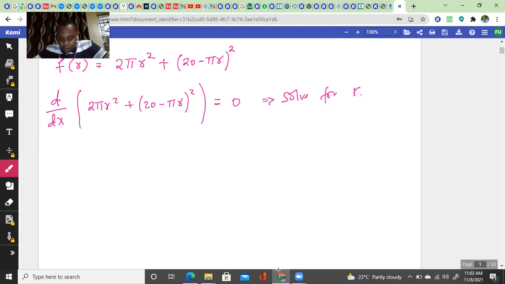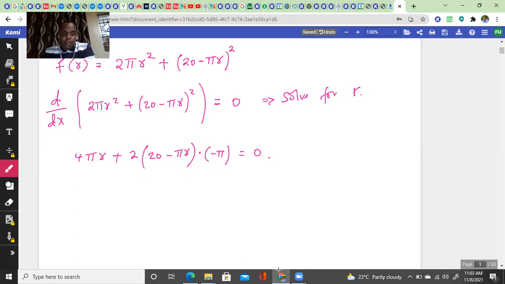I think it'll start off with just a regular power rule. D over dx is 4 pi r. Plus then the chain rule, 2 multiplied by 20 minus pi r multiplied by minus pi. And this is what we are equating to 0. Right. So we can divide by pi.